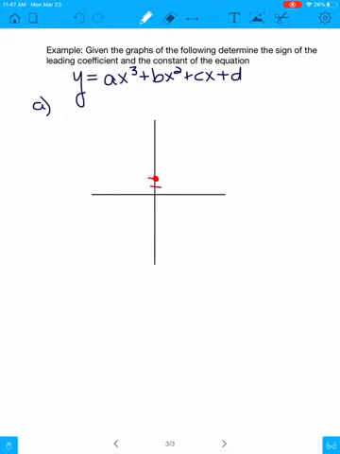Now I'm going to have the graph have a maximum before there. So we're going to go up, hit a maximum, come back down through there, hit a minimum, and then come back up and go to a max. Now, it says, given the graphs of the following, determine the signs of the leading coefficient and the constant.